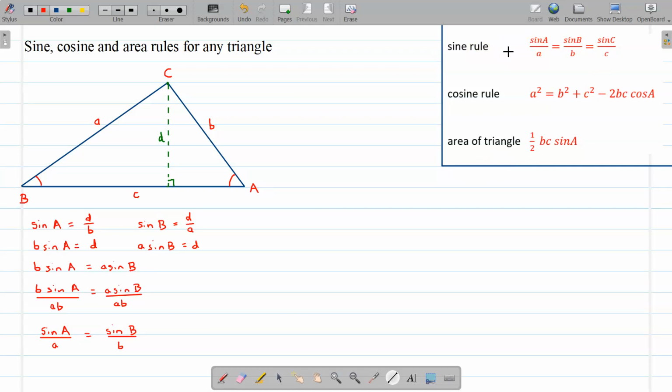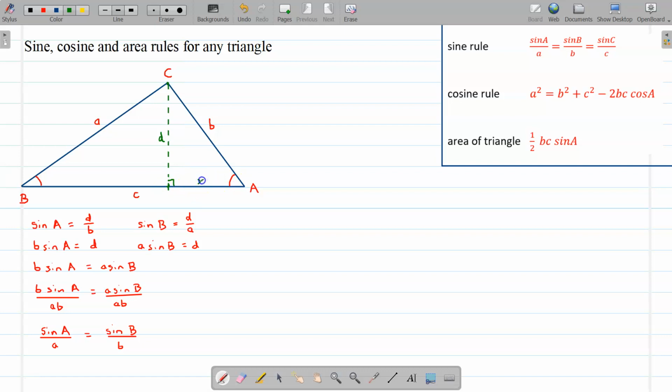Now the cosine rule is a little bit more tricky to prove, but we use the same triangle. What I'm going to do is break the length along the bottom up into two parts, and I'll show you how that's going to work. I'm going to call this bit here x.